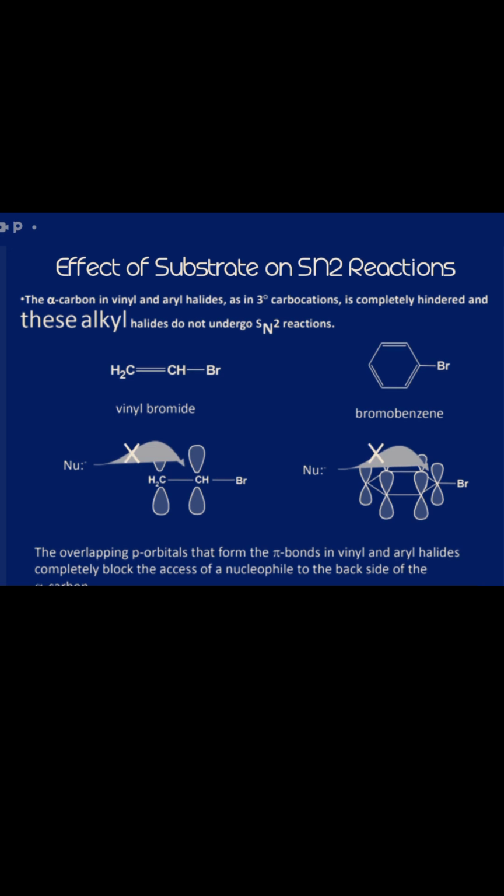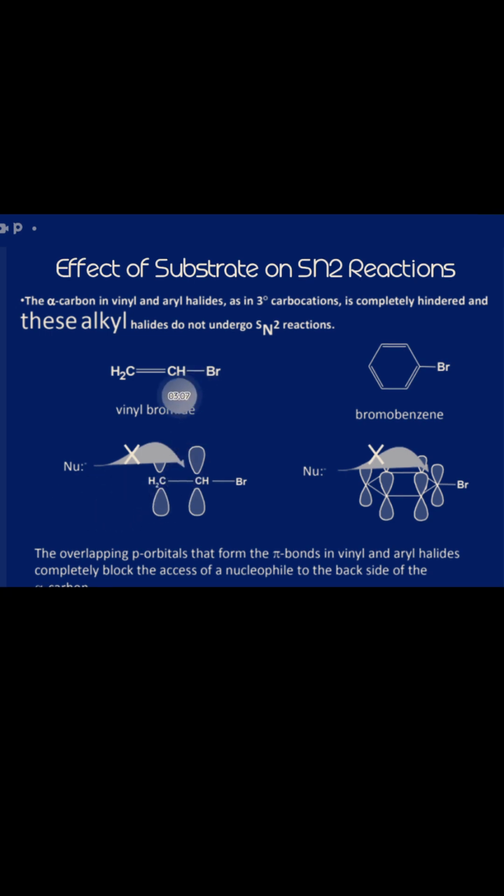You know that this is the most important point of SN2 reaction, that an inversion product is formed. If the substrate is 3-degree, then the alpha carbons do not allow a nucleophile to attack.